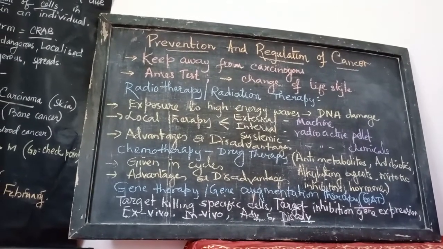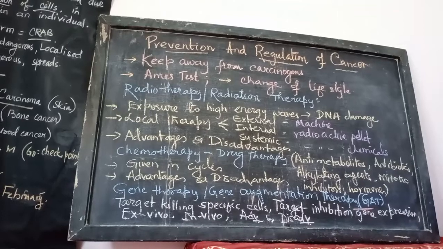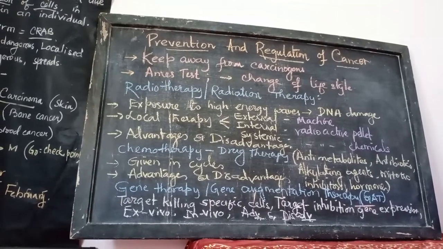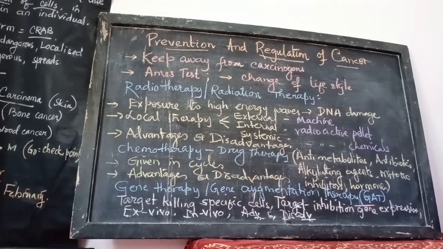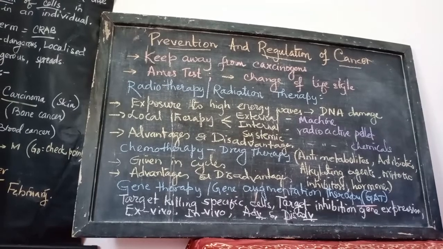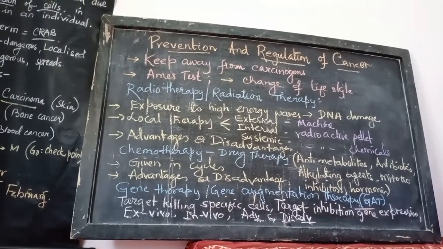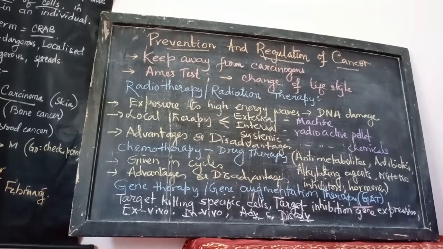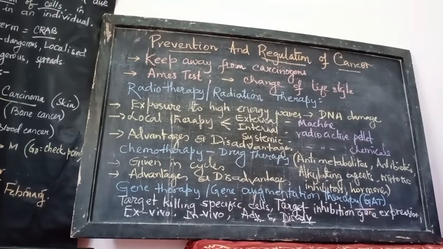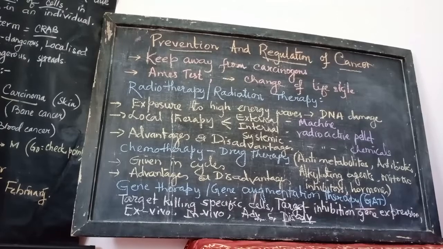In this method, bacterial strains that have mutations upon exposure to these chemical mutagens are cultured on a medium with histidine. So the bacterial culture medium contains histidine.